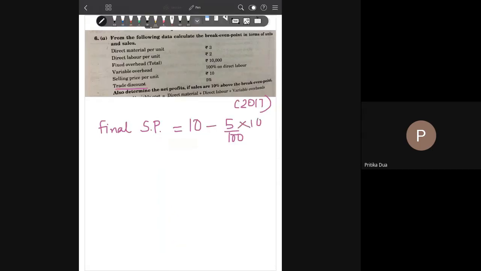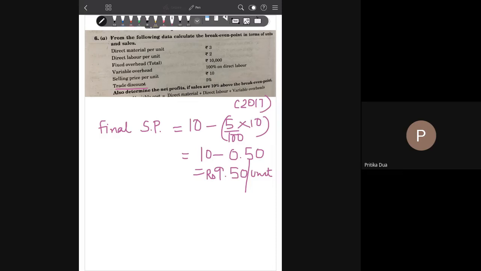So that would be 10 minus 50 paisa, 9 rupees 50 paisa would be your final selling price per unit. First, see, is this clear? Trade discount is always a percentage of the selling price, and hence it comes to 50 paisa on every unit sold. So your final selling price will be 9.50.